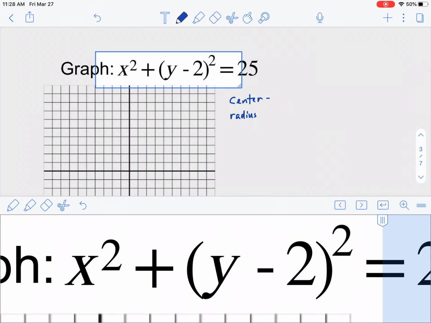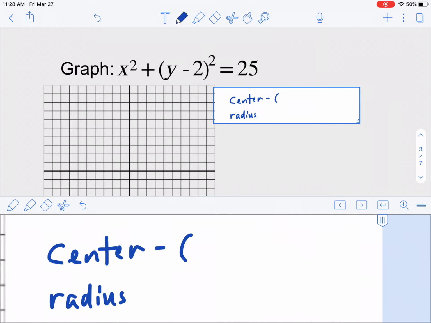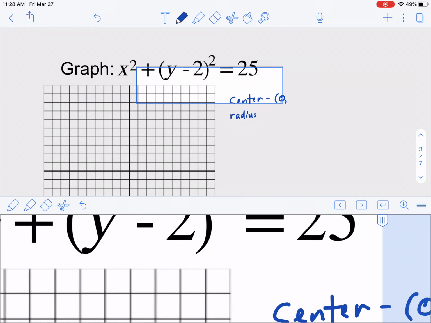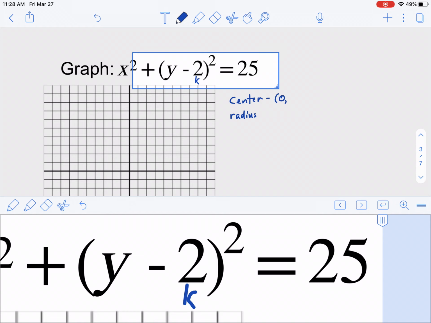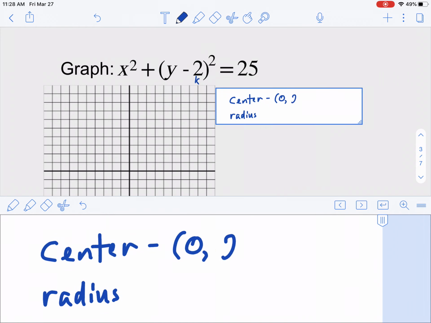There is no x minus anything there, is there? And so that's simply going to be 0 for h. And then k, y minus 2, is 2.